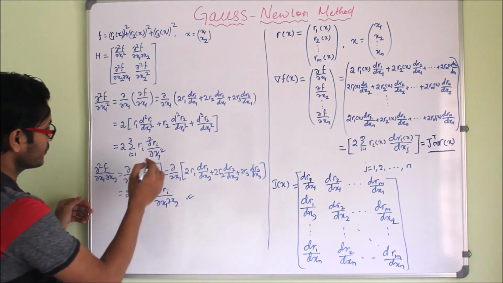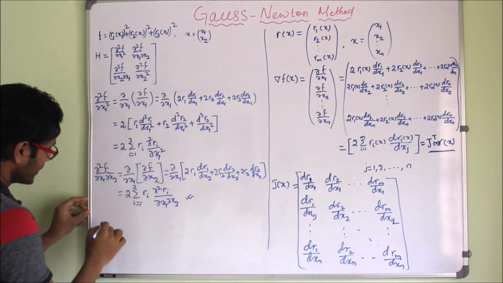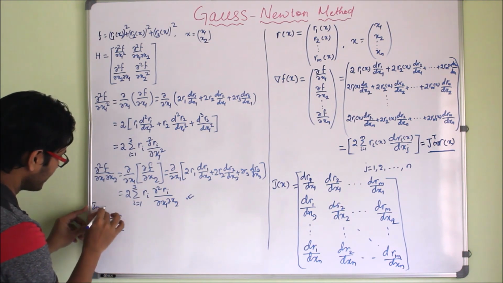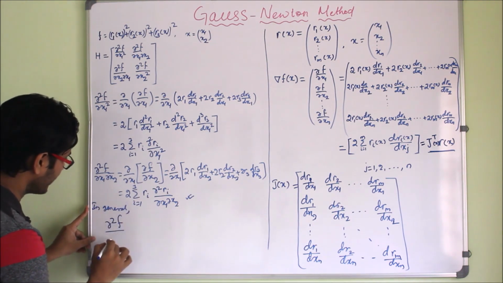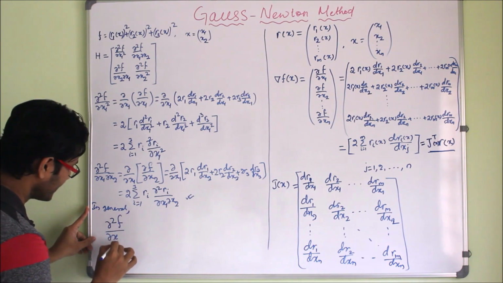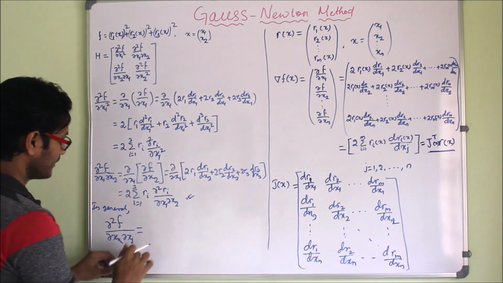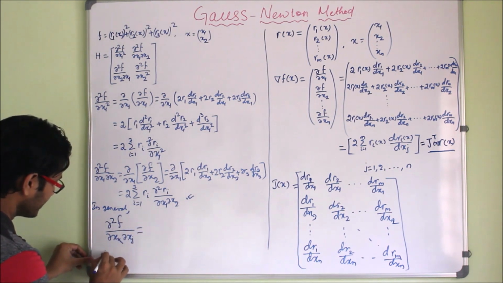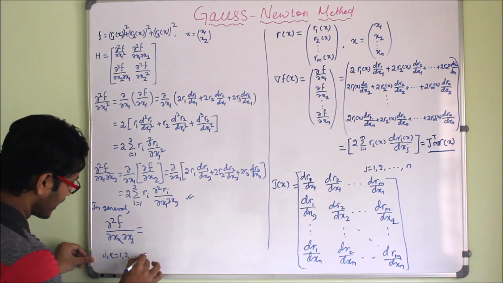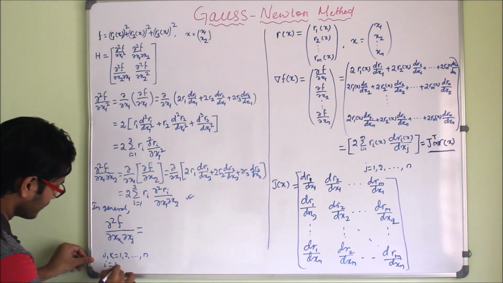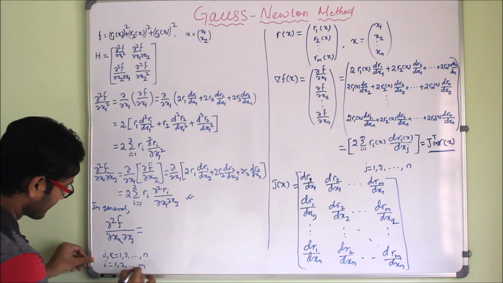So we can write ∂²f/∂xk∂xj in general, where j and k both vary from 1 to n, and i varies from 1 to m.